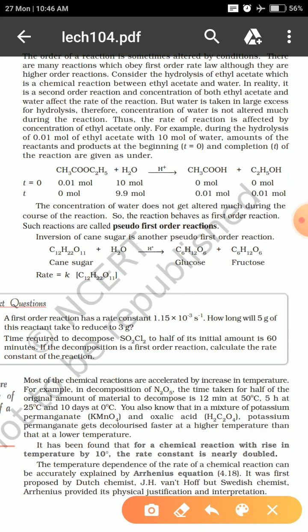What do you think could be the order of the reaction? There are 2 substances taken. Definitely the order must be 2, because 2 things are here. But the problem here is that water was taken in a higher amount.